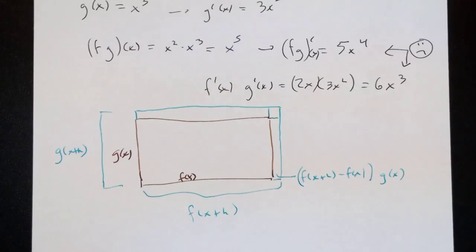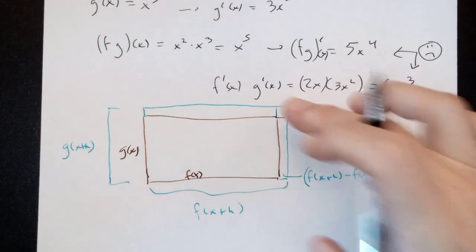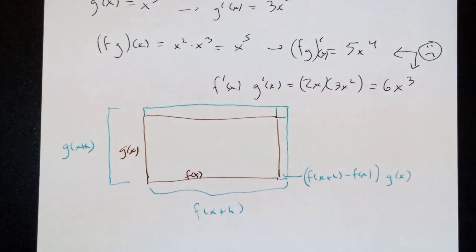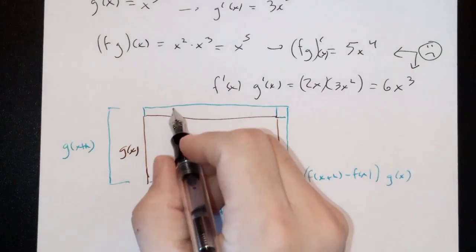Now look at the rectangle across the top. The one that I drew really badly. What's its length? Just this part. Don't do the corner. Because I'm only looking at the inside.